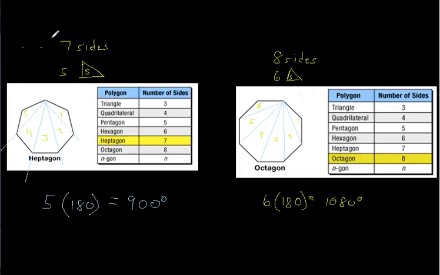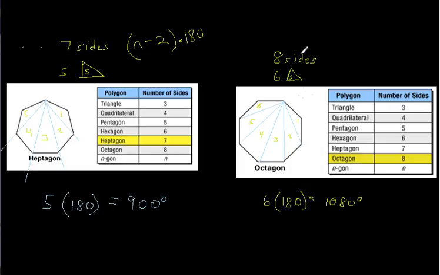I do. The number of sides of a figure minus 2. If I take the number of sides of a figure, let's call it n, an n-gon, minus 2, and multiply this by 180, I'm going to get the measure of the angles on the inside.